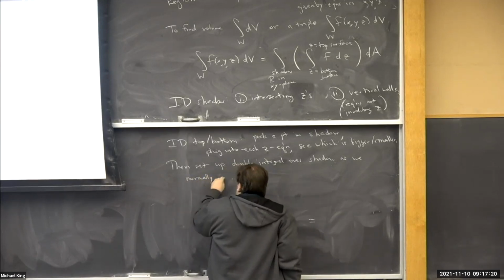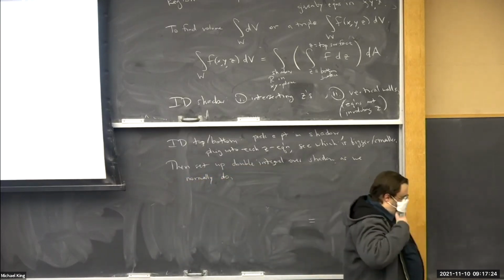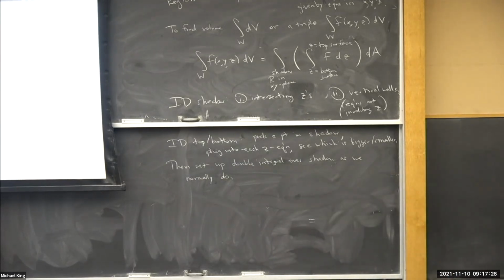And then you end up getting a triple integral, right? You end up getting 3 iterated integrals. Okay. You can see how we did this example out last time, example 1 from the handout.